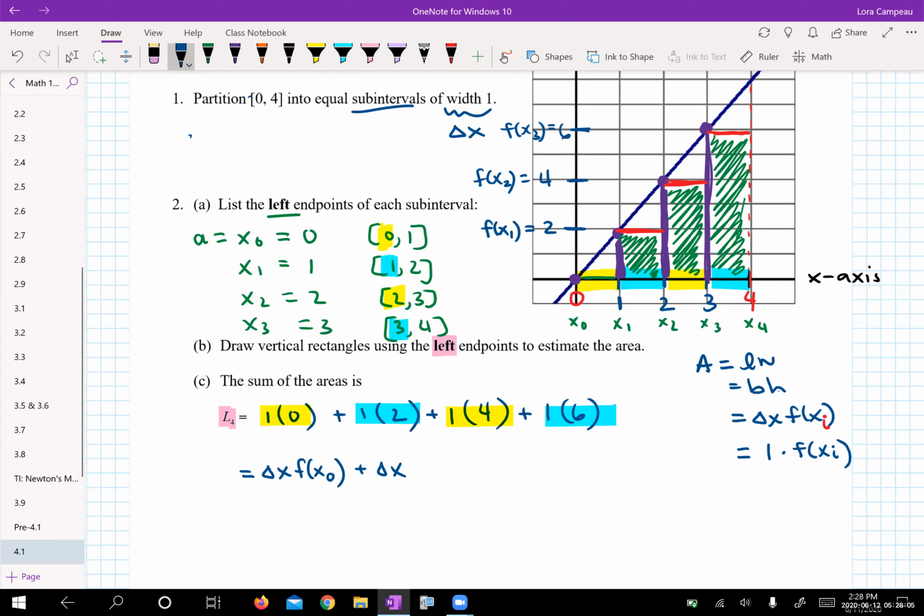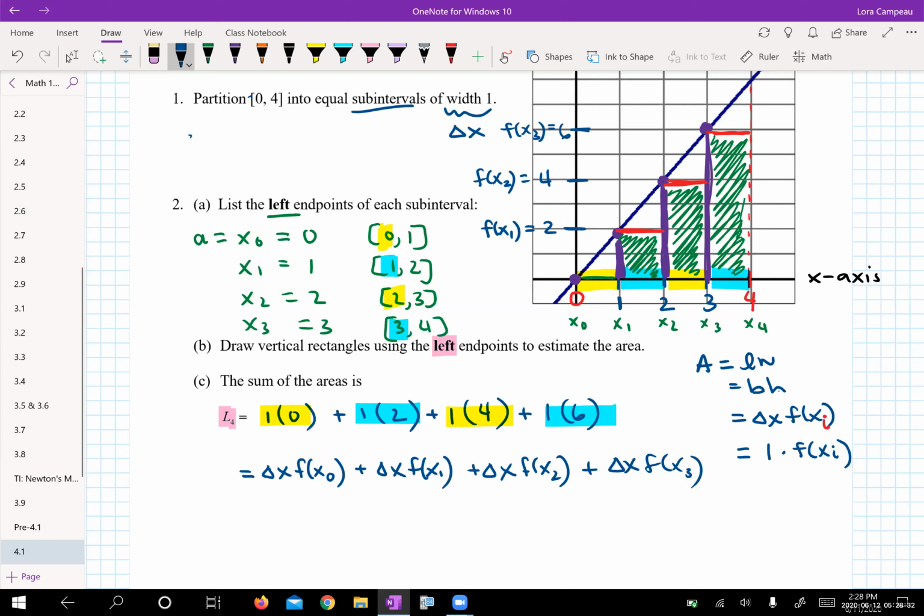That is the function evaluated at x sub 1, and then I still have the delta x. How am I getting the 4? That is the function evaluated at x sub 2. And how am I getting the 6? I still have delta x, and that is the function evaluated at x sub 3.